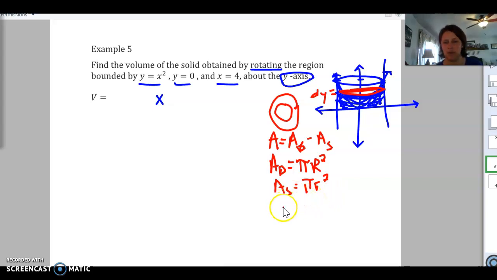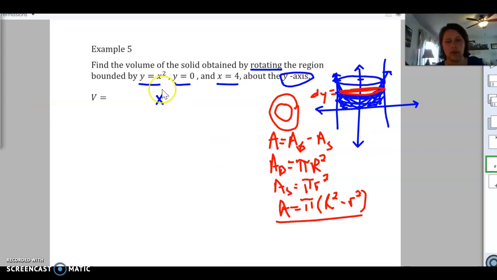Right? And then we can factor that pi out, and we get pi times big R squared minus little r squared. All right, and then that's our equation that we want to integrate.